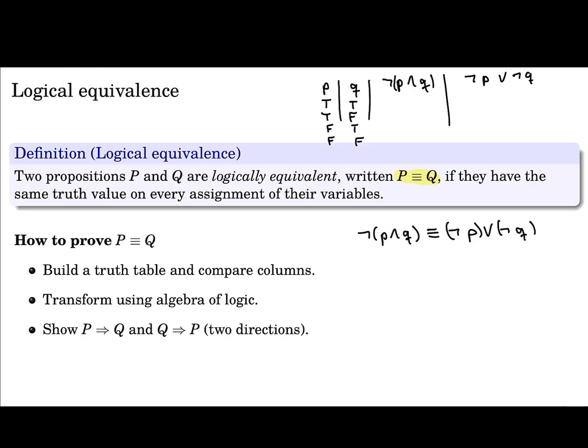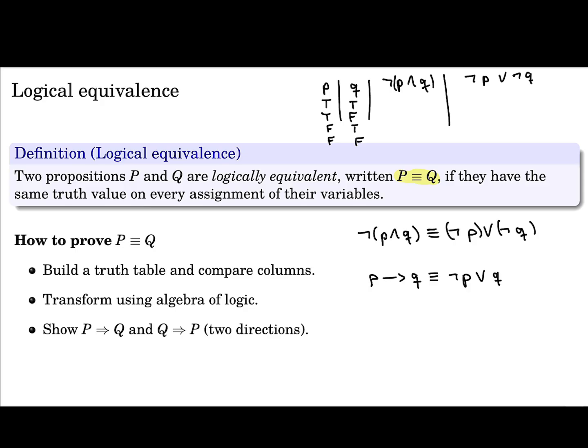If you learn the algebra of these logic operators, you're able to prove things just by using it. For example, you can also prove that P implies Q is equivalent to not P or Q. With that, you can get rid of implications and reduce everything to a bunch of ors and ands and nots and just deal with those, right?